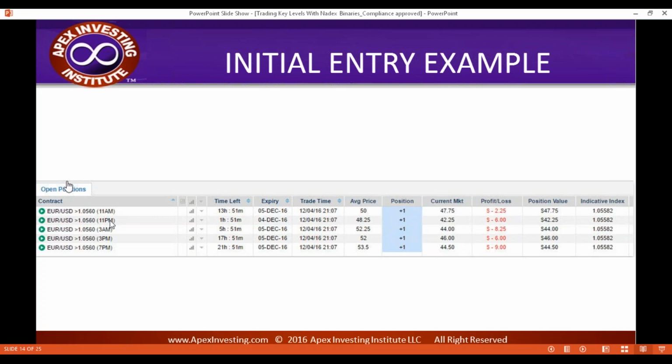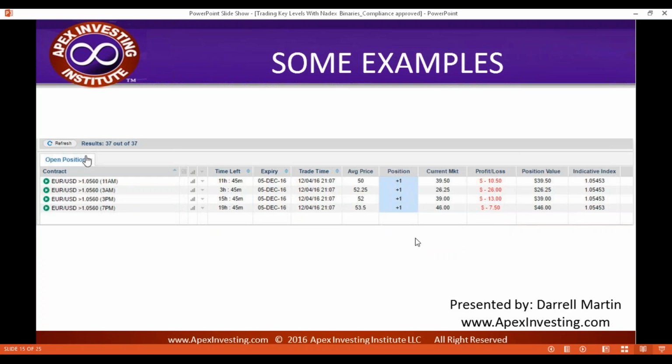Okay, I've got 11 a.m., 11 p.m., 3 a.m., 3 p.m., 7 p.m. I bought all the same strikes, but at different expirations. And you see here, we got 21 hours, 5 hours, all kind of different times left to expiration. So I immediately bought them. They're all showing down in value right away because of the bid-ask spread. So look what happens over time.